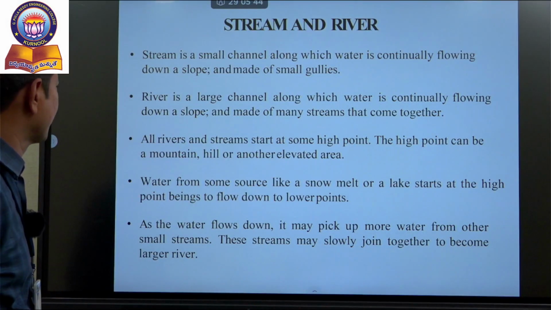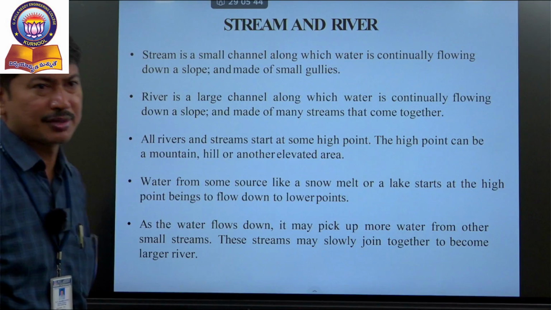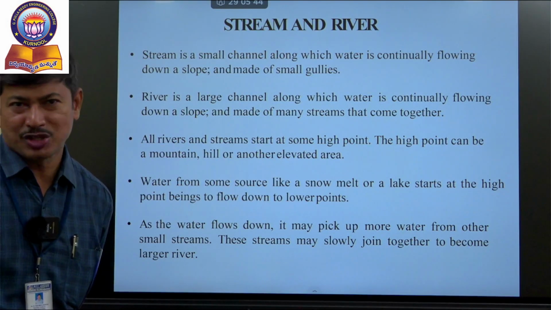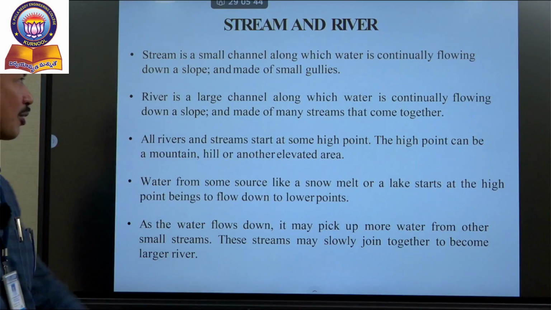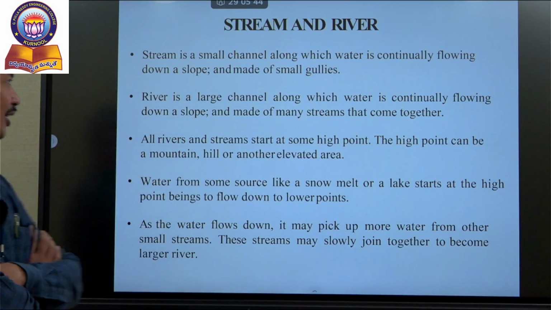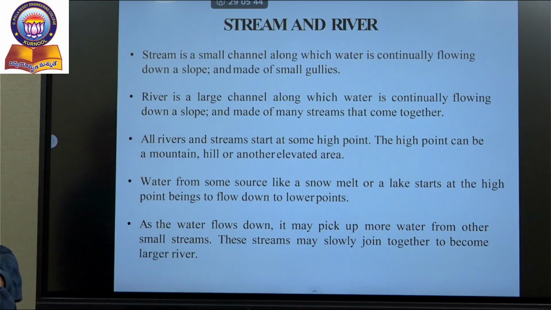Streams and rivers are both natural channels. A stream is a small channel along which water is continuously flowing down a slope, made of small gullies. A river is a large channel along which water is continuously flowing downstream, made of many streams that come together.